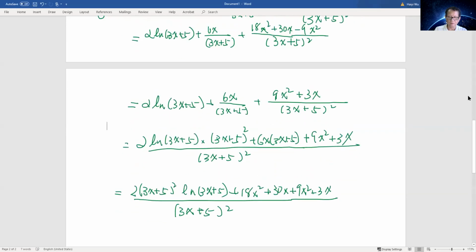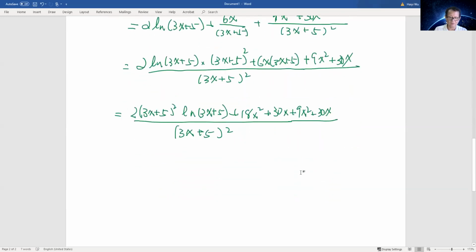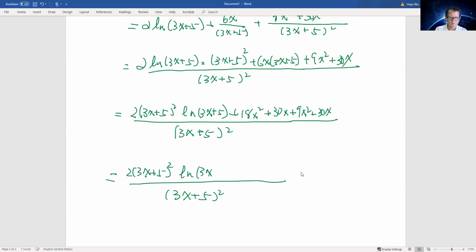Sorry, my apology here. We missed a 0 here. So it should be 30 here. My apology there. All right, so now we can see our terms are a lot shorter. Two, 3x plus 5. Collecting like terms will be 27x squared plus 60x. All right, so that's the final expression.